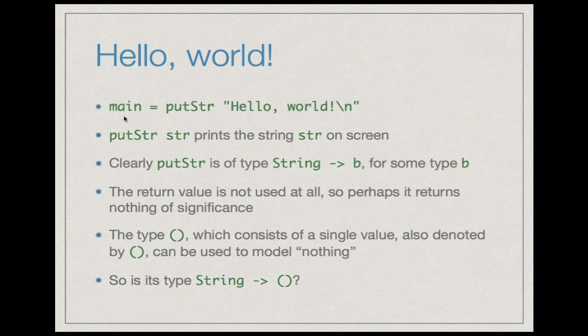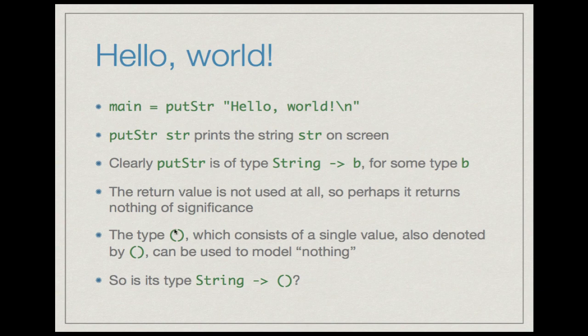The behavior is that putStr str prints the string str on screen. So clearly putStr is of type String arrow b for some b, because the input is a string. But you notice that in this main program, the return value is not used at all. So perhaps we can say that putStr doesn't return anything of significance.